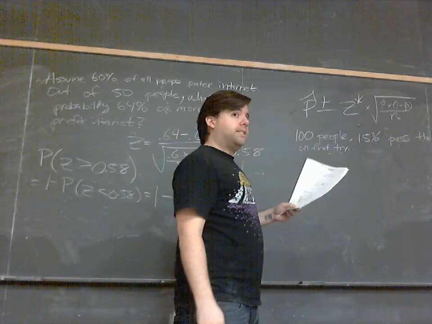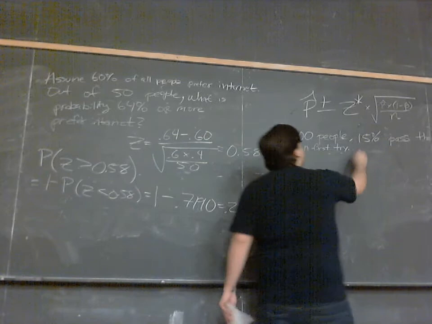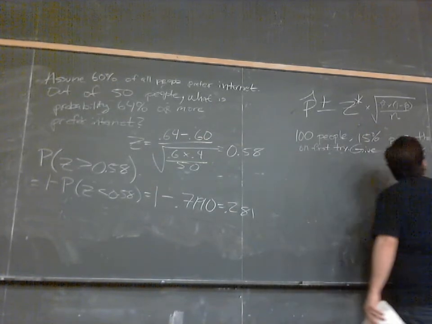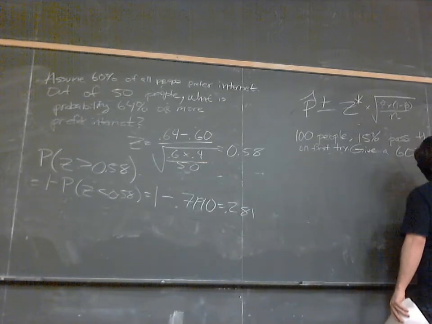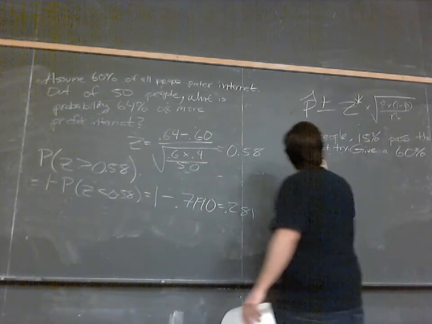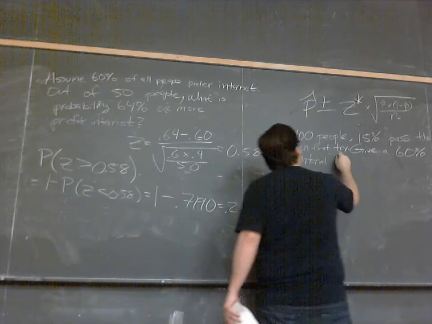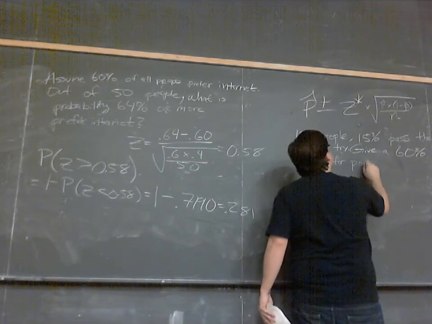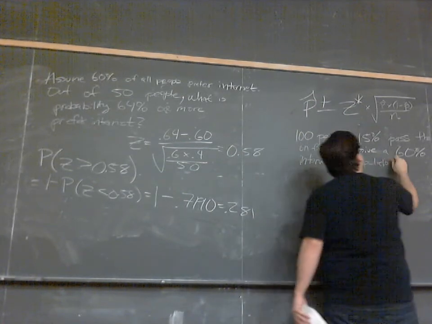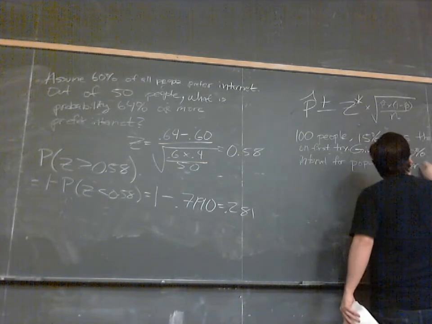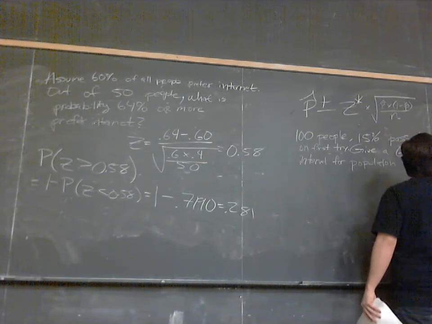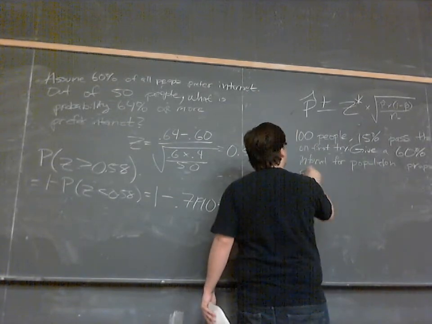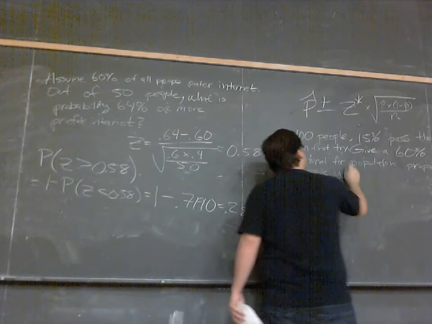Give a 60% confidence interval for the population proportion, so this is a mouthful, the population proportion of people who pass the bar exam on the first try.